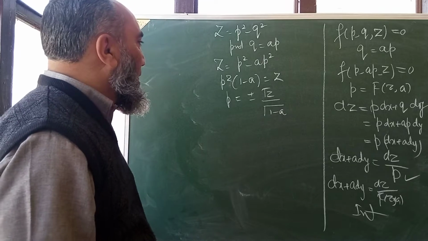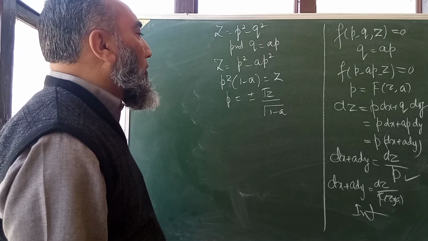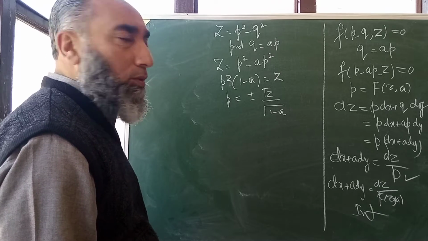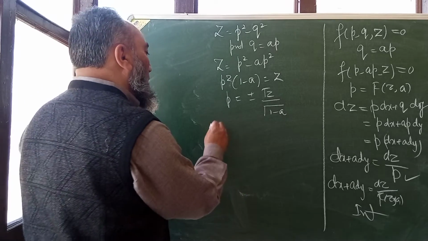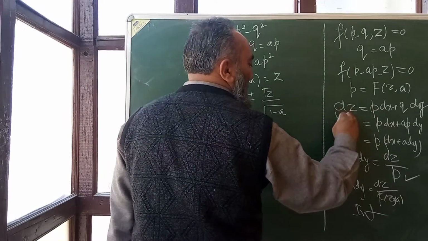So P square is Z upon 1 minus A. So P is plus minus root Z upon root 1 minus A. Now I will not use this one, I will use this one.